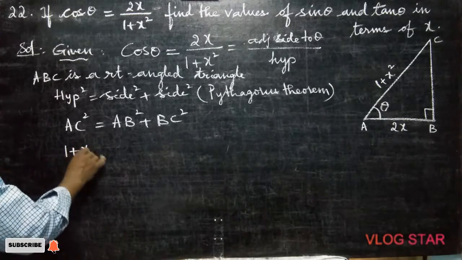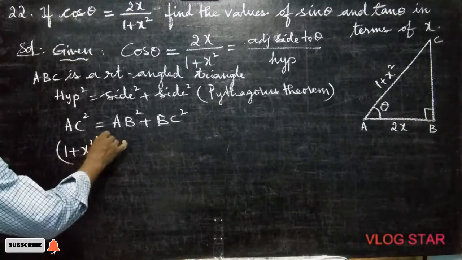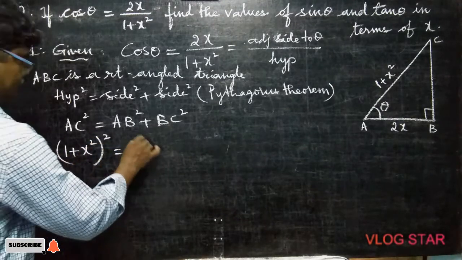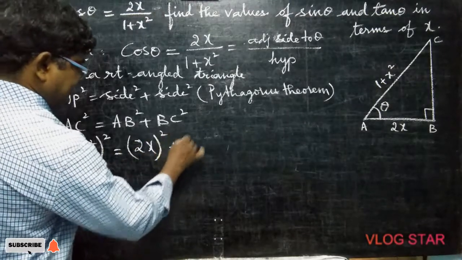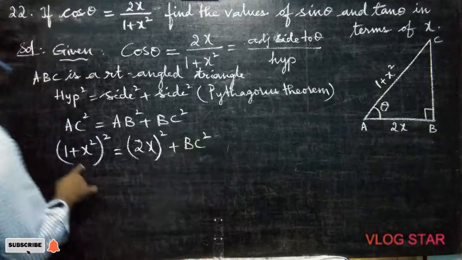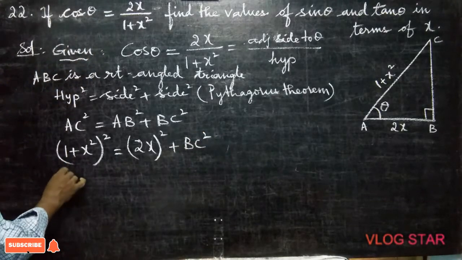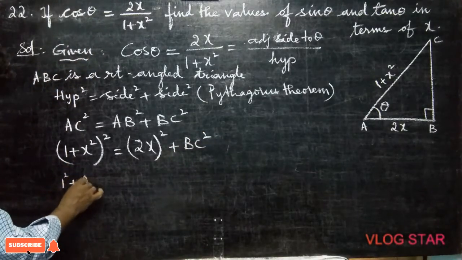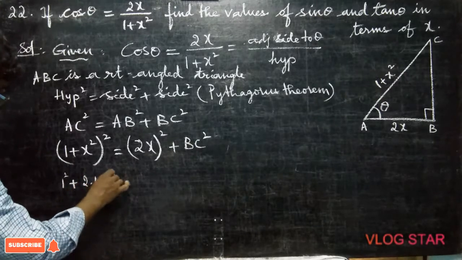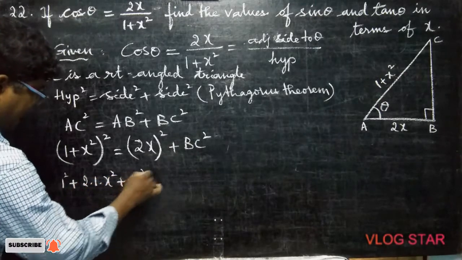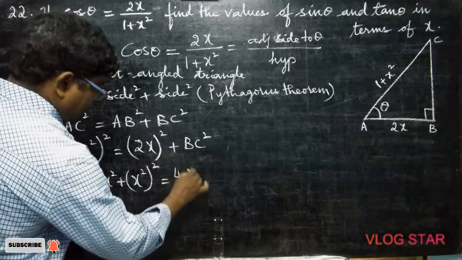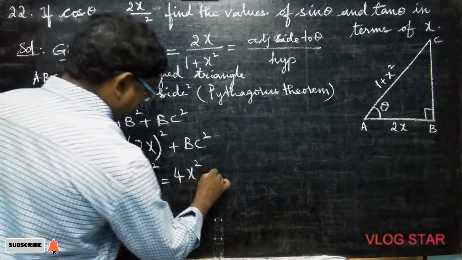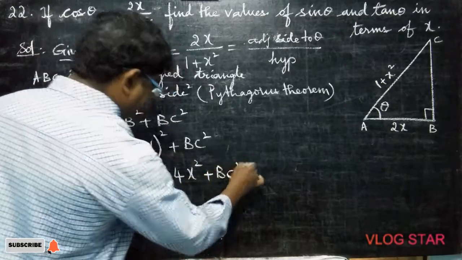1 plus x square whole square is equal to 2x whole square plus BC square. A plus B whole square formula: A square plus 2AB plus B square is equal to 2 2s are 4 x square plus BC square.